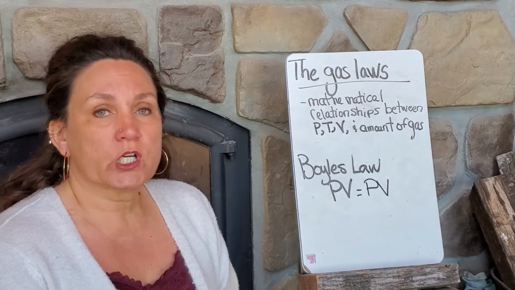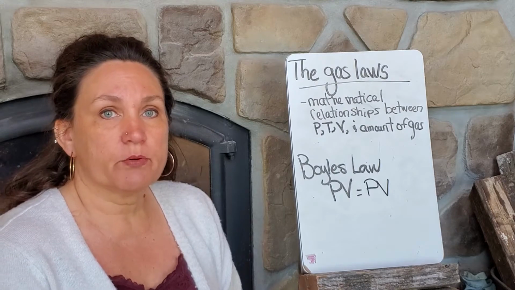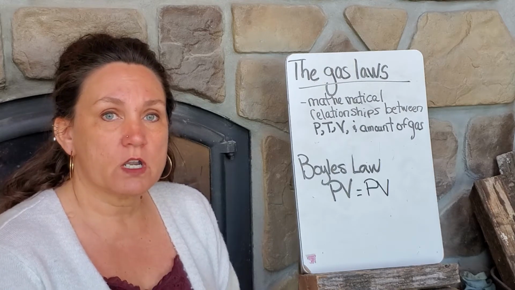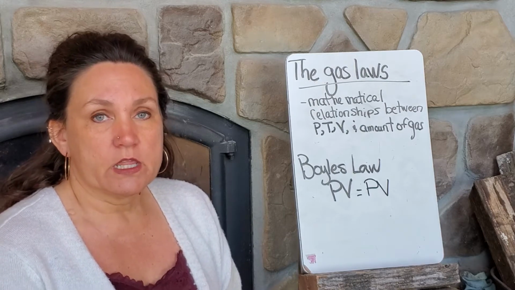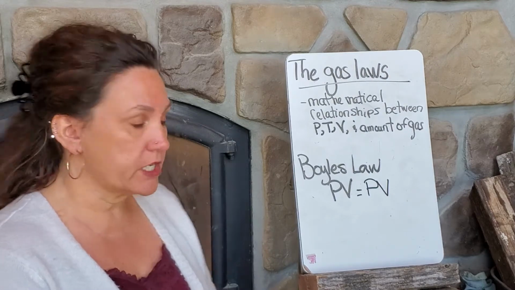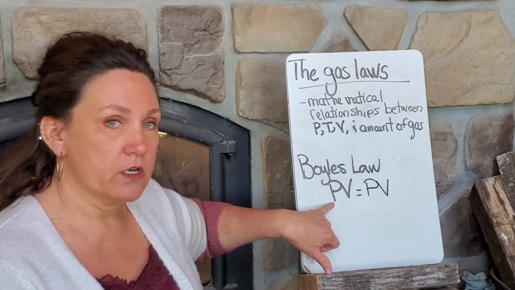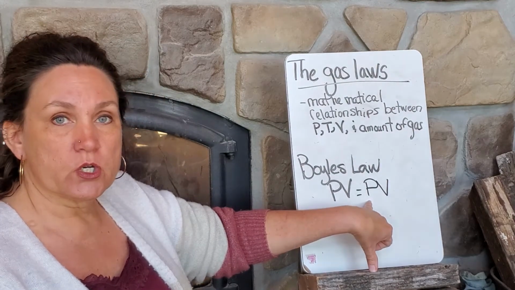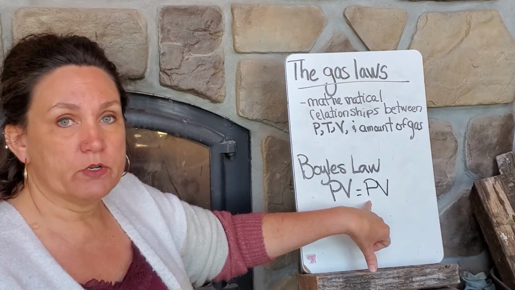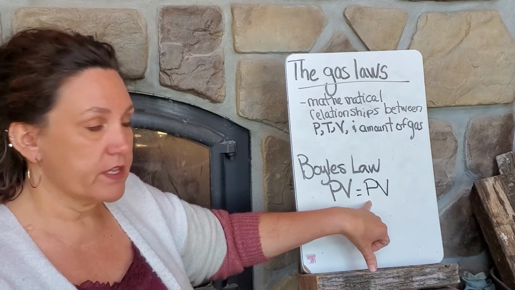The only thing that you're going to run into sometimes is that pressures and volumes are not always given to you in the same units. So you need to pay attention for that. If pressure is given to you in atmospheres here, you need to be sure you're using the same unit of atmospheres on this side.